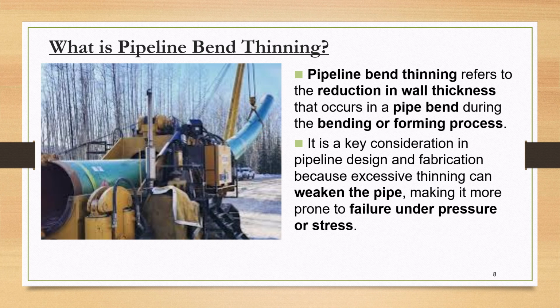This part is straight and this part is pulled with respect to the bend radius, and when it is pulled, due to the elongation in the outer surface of the pipe, there is a reduction in wall thickness, which is known as pipeline bend thinning. It is a key consideration in pipeline design and fabrication because excessive thinning can weaken the pipe, making it more prone to failure under pressure or stress. That is the reason we should perform bend thinning calculation.